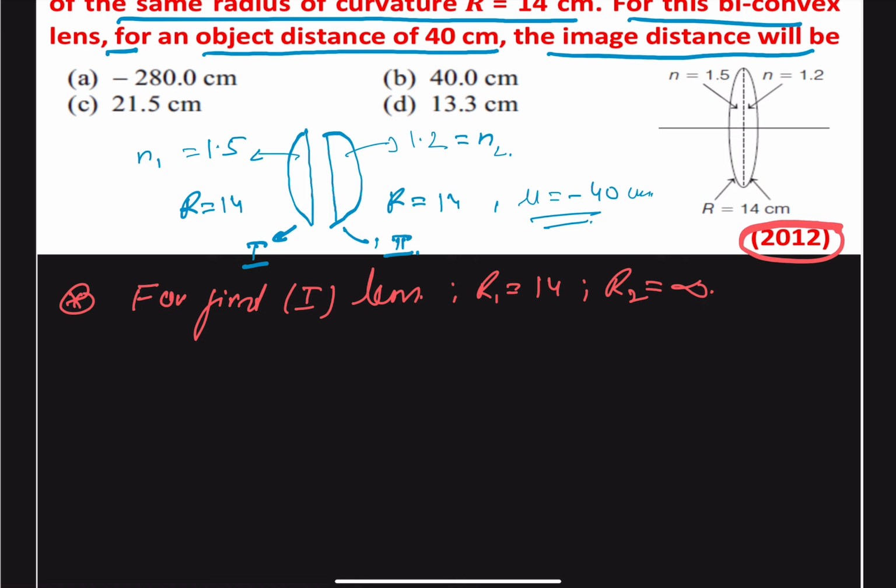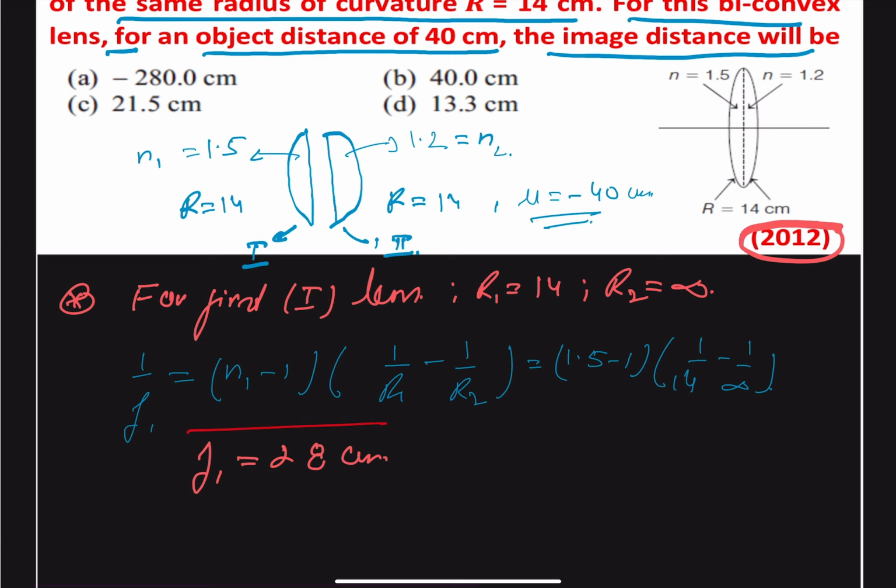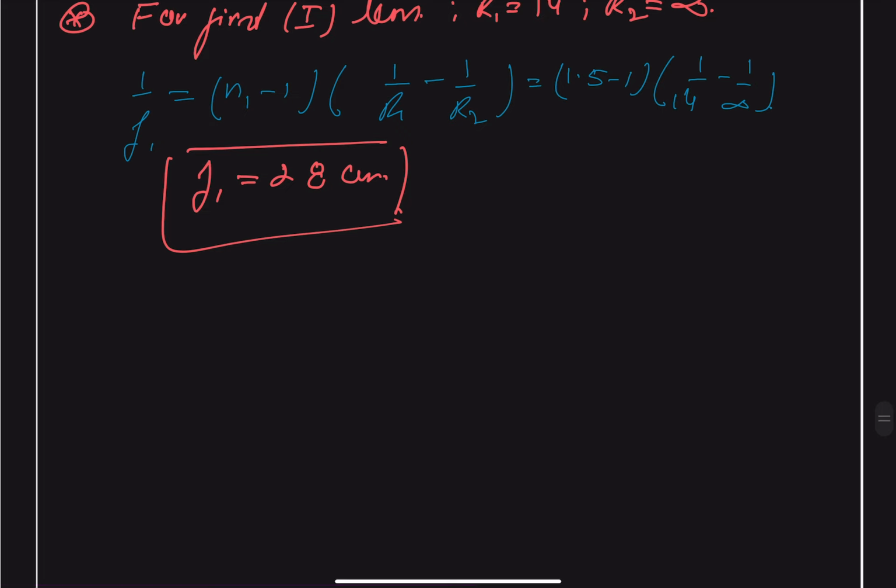So we can use the formula that 1 upon f1 is equal to n1 minus 1 times 1 upon r1 minus 1 upon r2. So we substitute the values, 1.5 minus 1 times 1 upon 14 minus 1 upon infinity. So this gives us that our f1 is equal to 28 centimeters. Similarly, we can do it for the second lens.